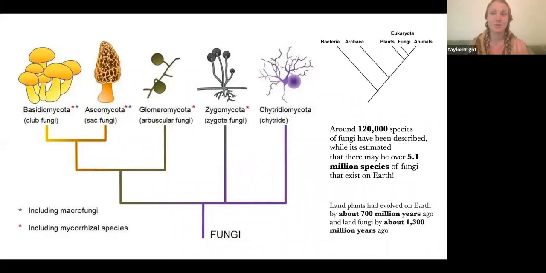There's about 120,000 described species of fungi, and it's estimated that there's anywhere, the numbers differ a lot, from 2 to 6 million species. So that means that with all the study that mycologists have done about fungi, we still only know about 4 to 5% of the fungi that exist on the planet.